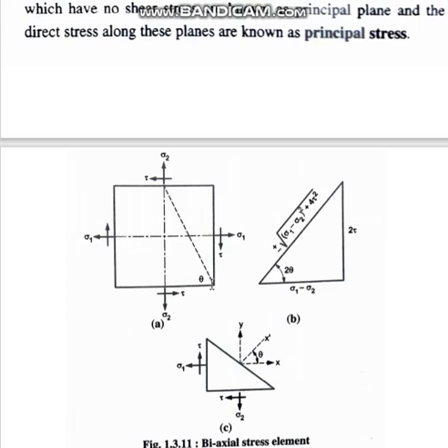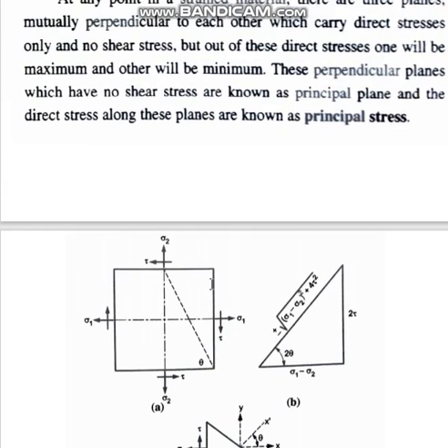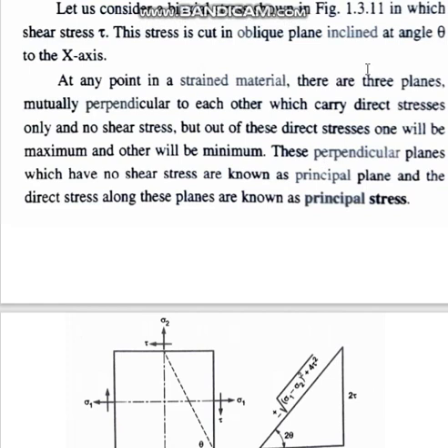How many planes have they said? They have said three planes mutually perpendicular to each other, and these planes have no shear stresses. These planes are called principal planes.